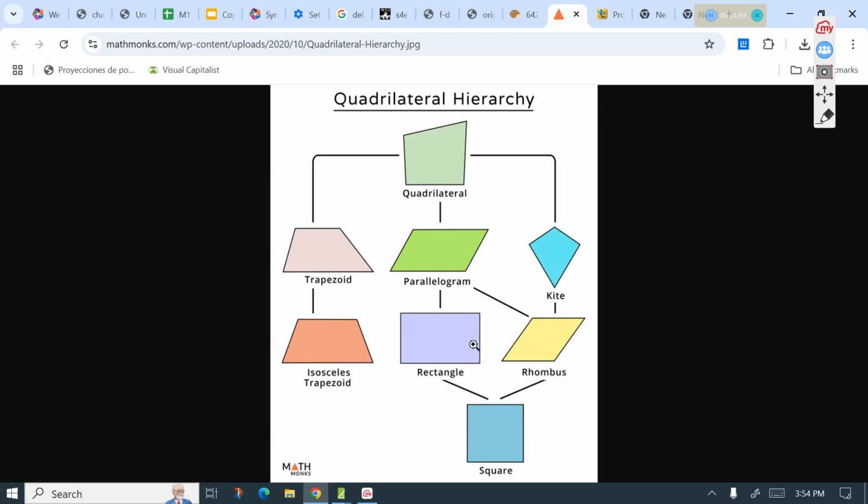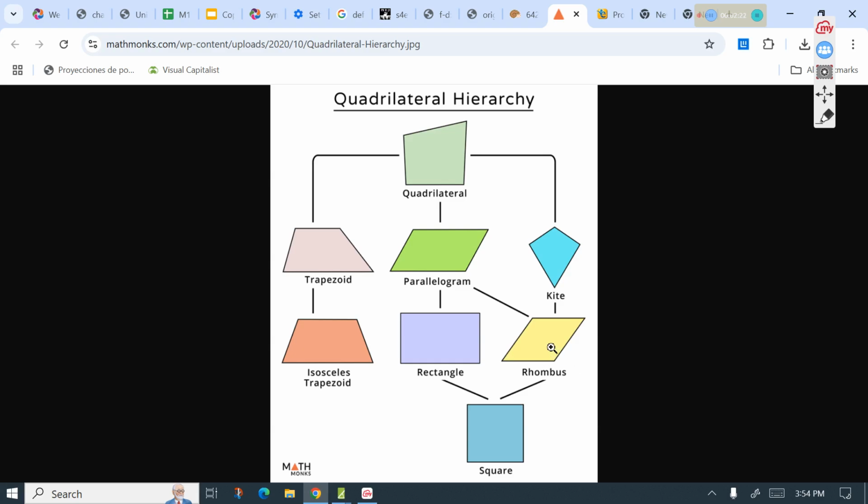So when we look through, we see that trapezoids are a separate branch from parallelograms. So we see parallelograms and trapezoids are not the same. They're both quadrilaterals, but they're different kinds of quadrilaterals. The same way a rectangle is a special parallelogram, an isosceles trapezoid is a special trapezoid.